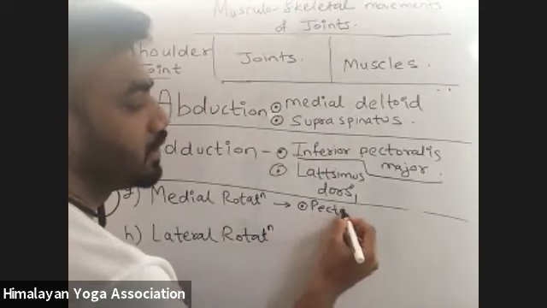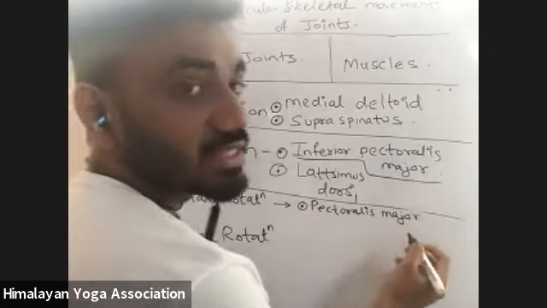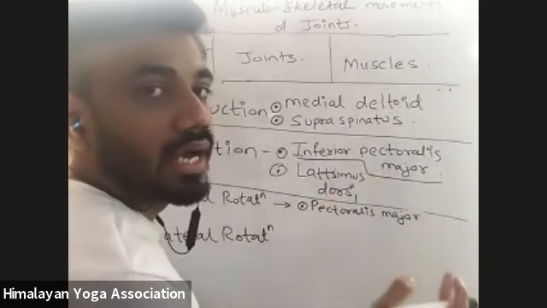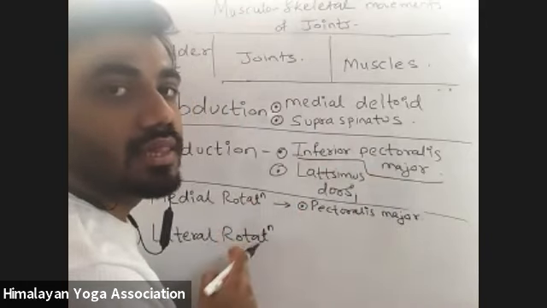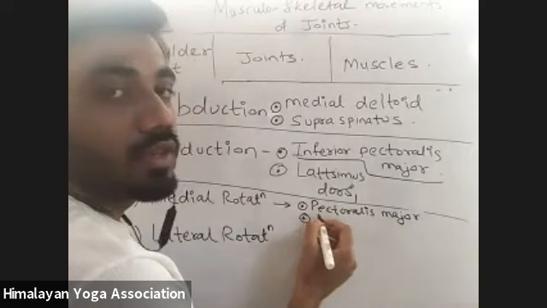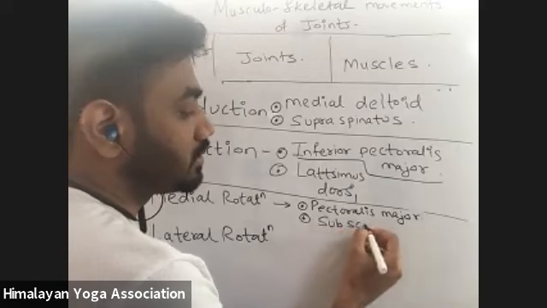The pectoralis major muscle, again the muscle of the chest, helps the shoulder rotate inside. Medial means internal rotation, lateral means external rotation. Along with pectoralis major, we have the subscapularis muscle.